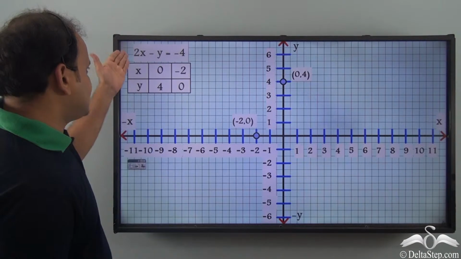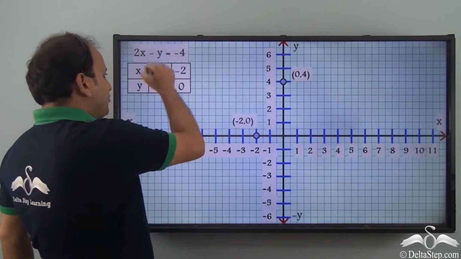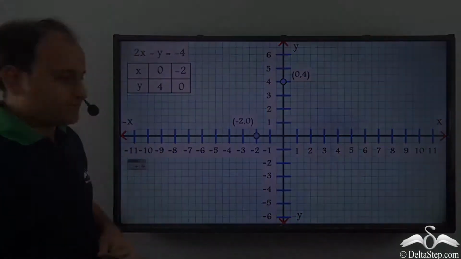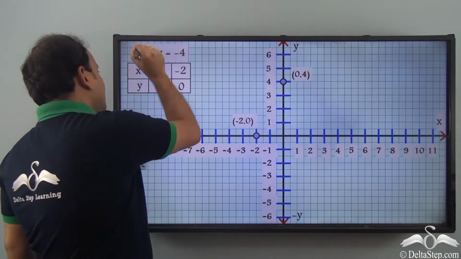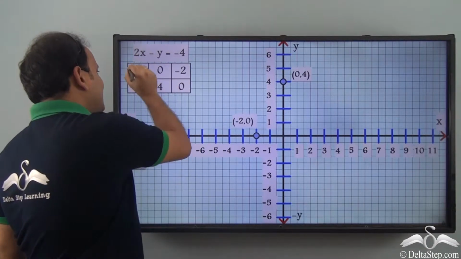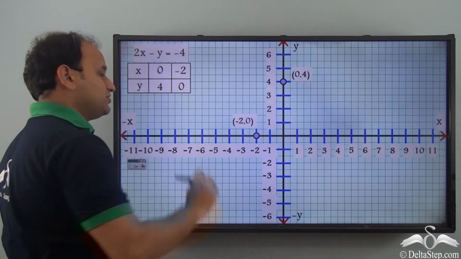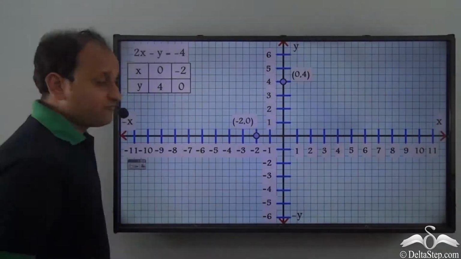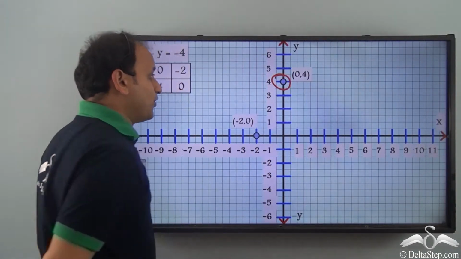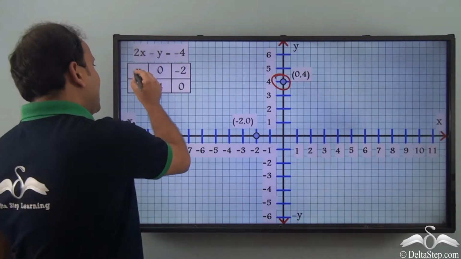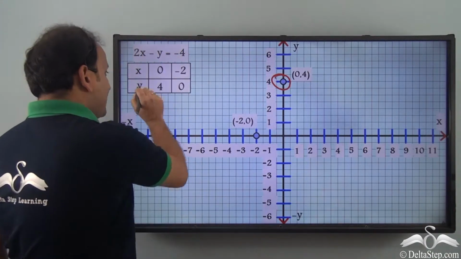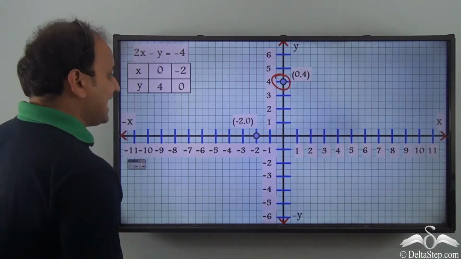So first of all, let's take this equation and these points which we have for it. So we have 0 and 4, that is x is equal to 0, y is equal to 4. Now if we plot this, this is the point which we'll get. Then we have x equal to minus 2 and y equal to 0. That is x-intercept.